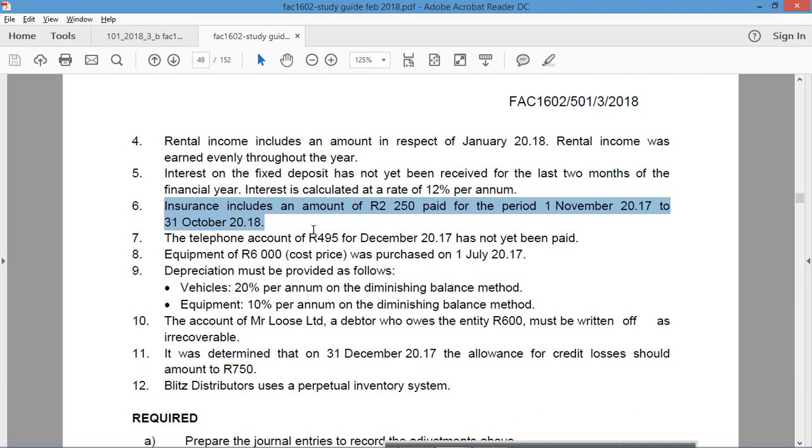Then it's going to be prepaid expense. Do you debit or credit the prepaid expense? Debit. What type of account is prepaid expense? An asset. Okay, so I was right when I put insurance there.